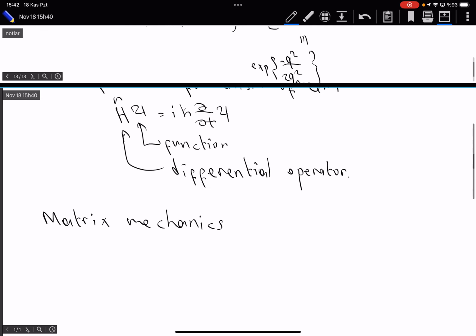So basically the equation can look almost identical, where now this h bar is a matrix and psi is a column vector.